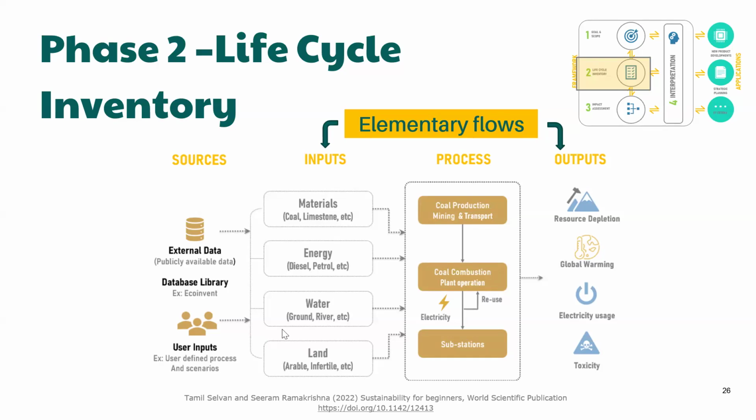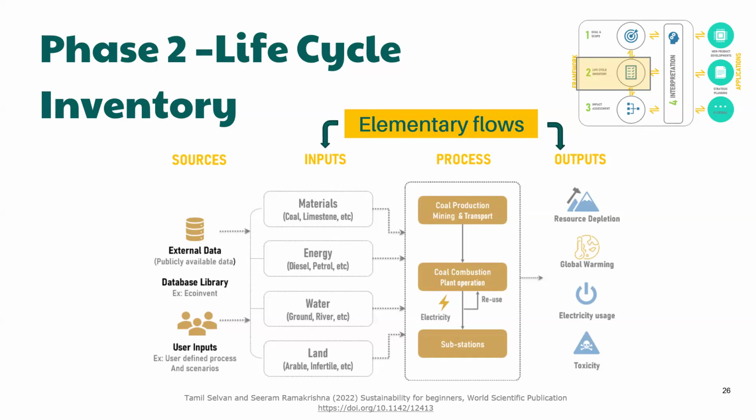Inputs are typically obtained from an external database, and it can often be user specific. Once the inventory is listed, it is important for you to create consistent output flows, for example, resource depletion or toxicity level.